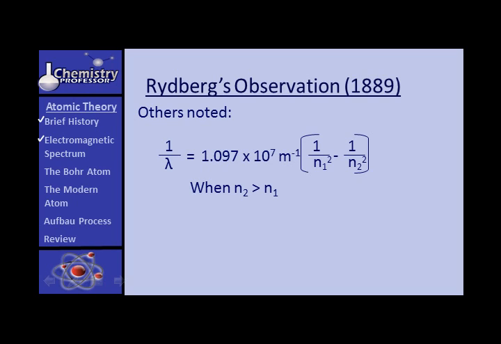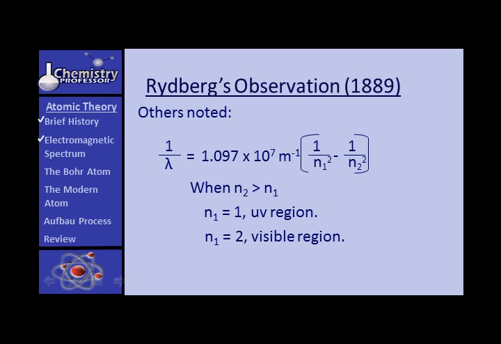And it worked as long as n2 was greater than n1. Now remember that. n2 must be greater than n1. And when they looked at this, they found that if n1 was 1, the wavelength they saw, the signal they got, the spectra they experienced was in the UV region.